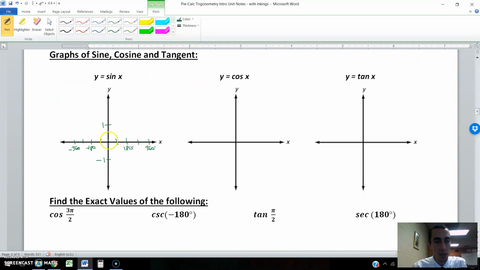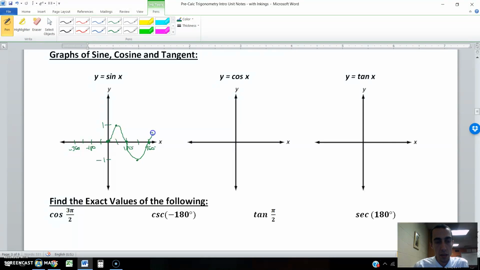The sine graph starts at the origin, and at 90 degrees it goes up to 1, at 180 degrees it drops to 0, at 270 degrees it goes to negative 1, and at 360 it's back up at 0. And so in between it does a curve, something like this.